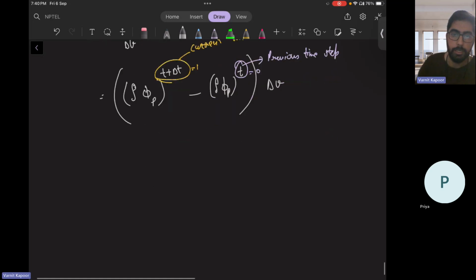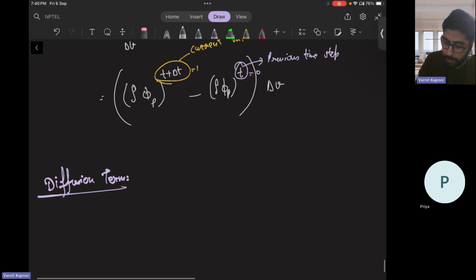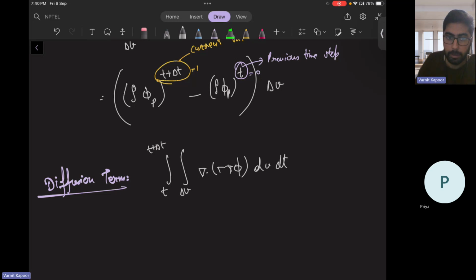So my other term is this diffusion term. How do you write it? The integral from t to t plus delta t of the integral over the control volume of ∇·(Γ∇φ) dV dt.